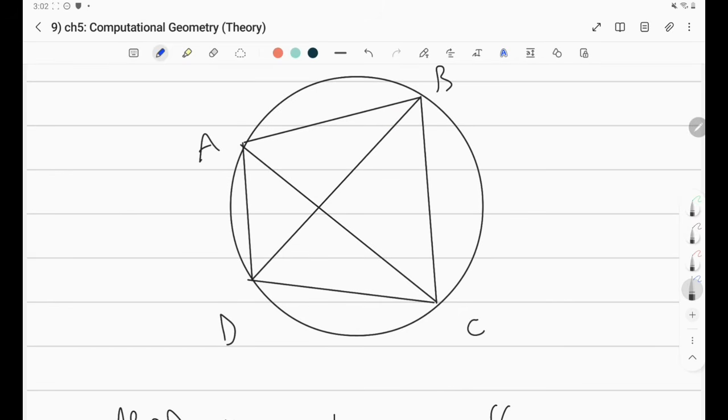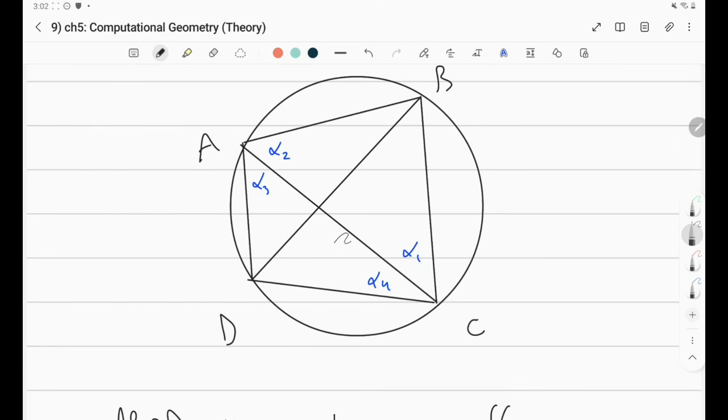So first of all, to handle AB, we need an angle here, alpha 1 maybe. So for the arc AB, then for the arc BC, let's say alpha 2, then for CD, alpha 3, then DA just alpha 4.